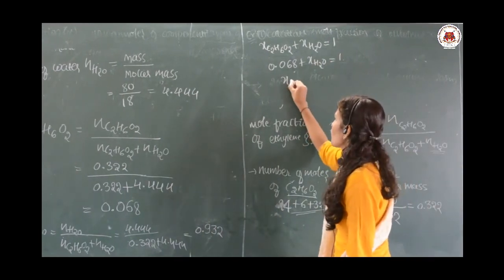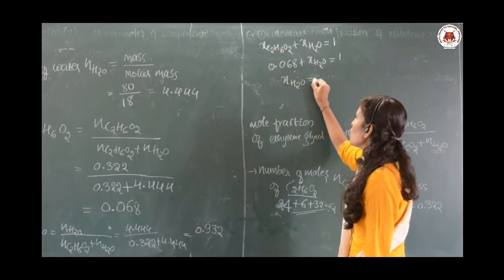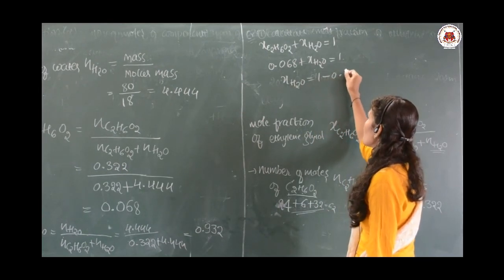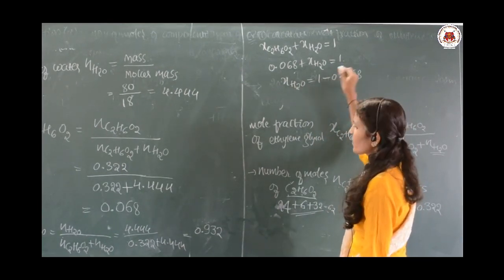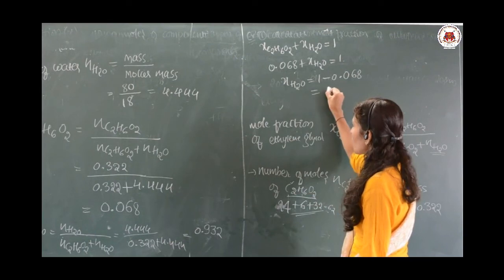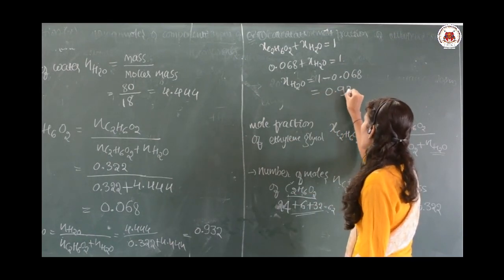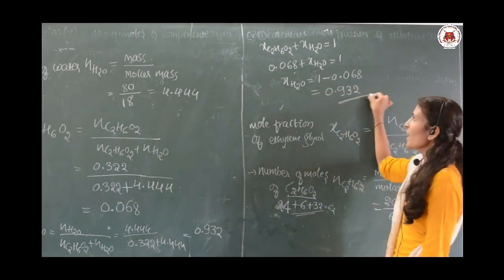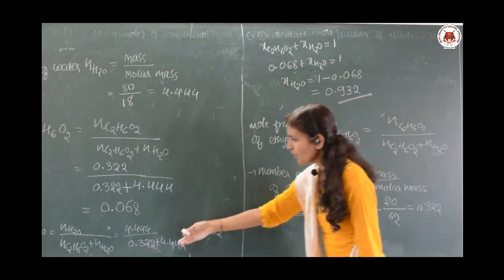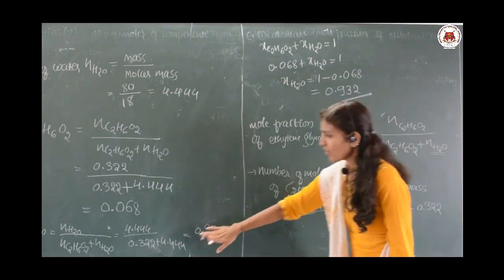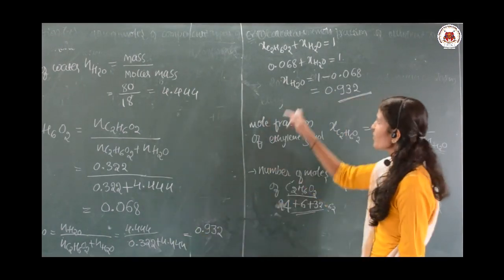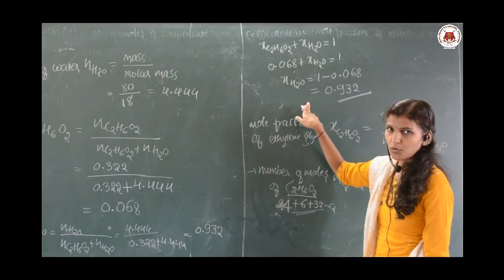So the mole fraction of the water is equal to 1 minus 0.068. Here you will get 0.932 as the answer. Either you can use this one, or else if you do not remember or any confusion is there, you can go for this one also. Okay, thank you.